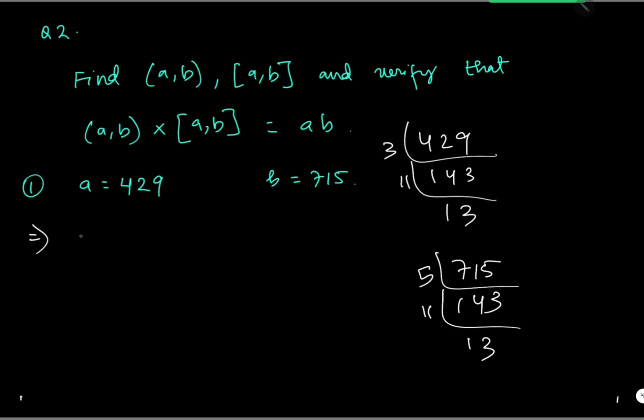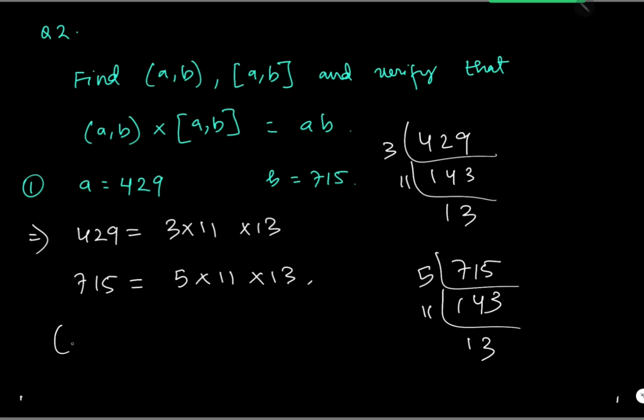Now, I will express them. Let's write 429 as 3 into 11 into 13. For 715, it is 5 into 11 into 13. So this is the canonical decomposition.